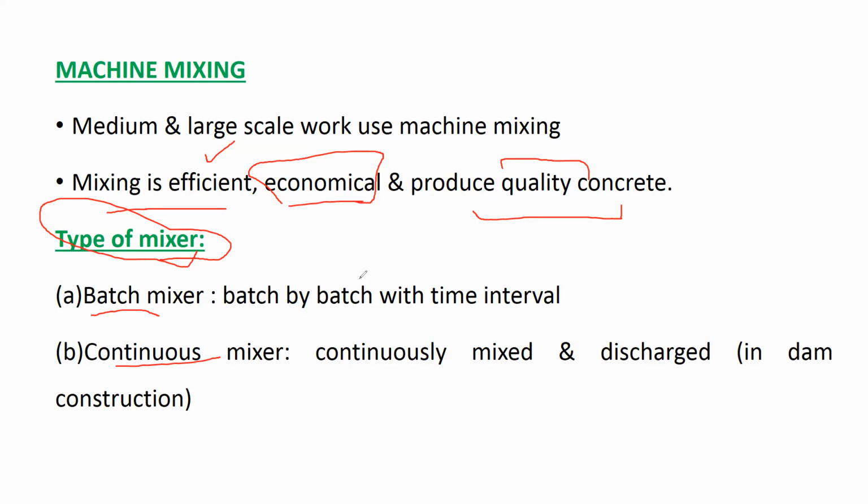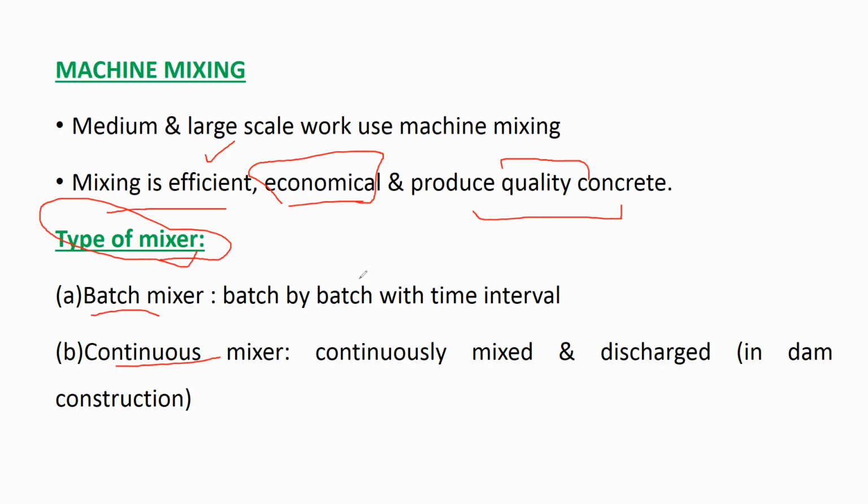So these four ingredients we will take. Then we will mix them, so our concrete will be mixed, and the concrete is ready. Then you will transport the concrete for its final placing. Then again you will take all the ingredients, mix it, and send it.